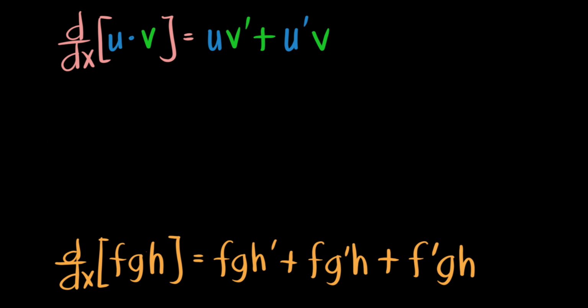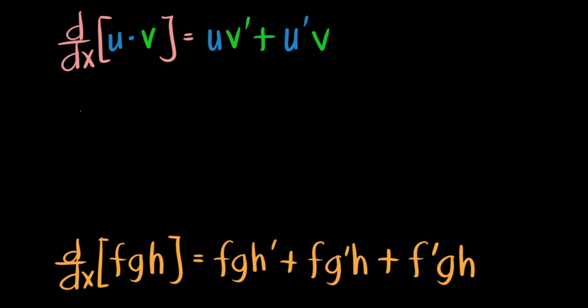Here, the three functions are f, g, and h, while their derivatives are f prime, g prime, and h prime. What we're going to do is prove this formula by using the product rule.